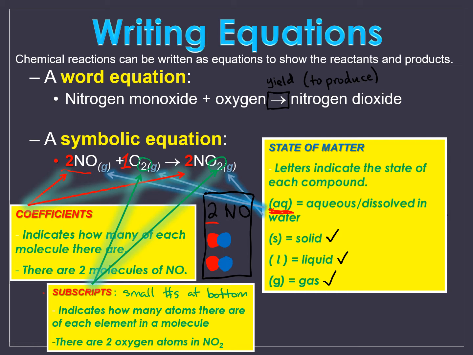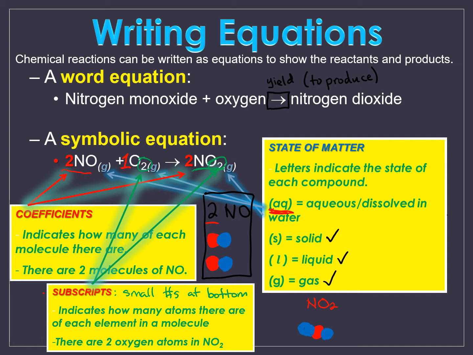So if I were to take a look at my example right here, NO2. What does that tell me? Well, the 2 there tells me that there are 2 oxygen atoms. So if I'm using the same color system that I had before, NO2, N was red, and then the oxygen, there are 2 oxygens attached to the red nitrogen.